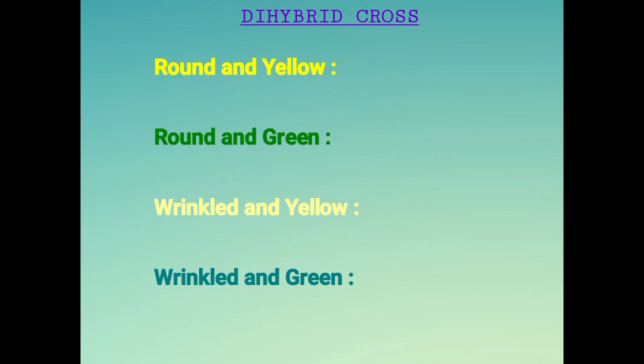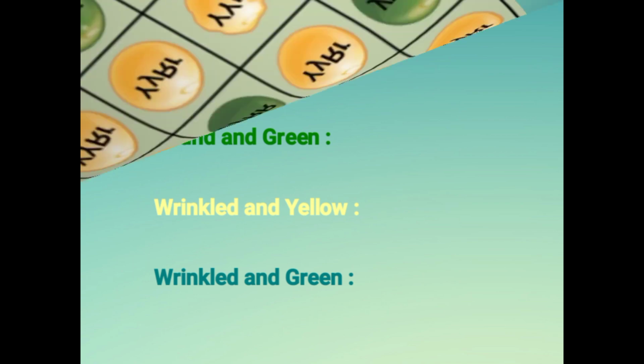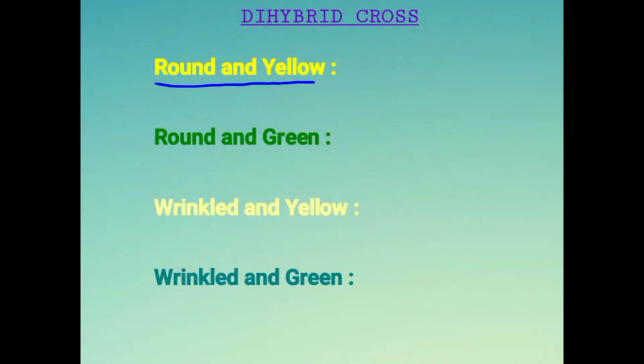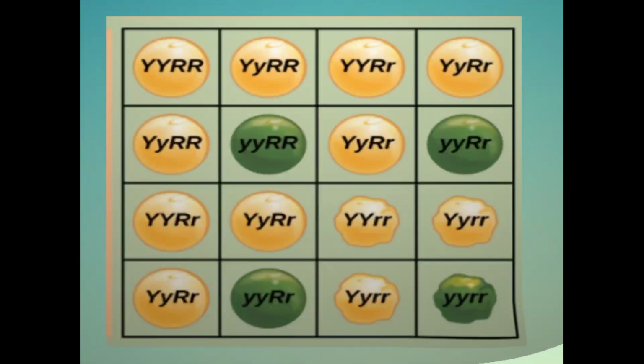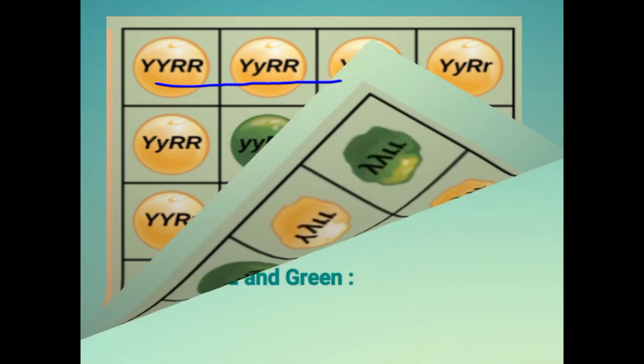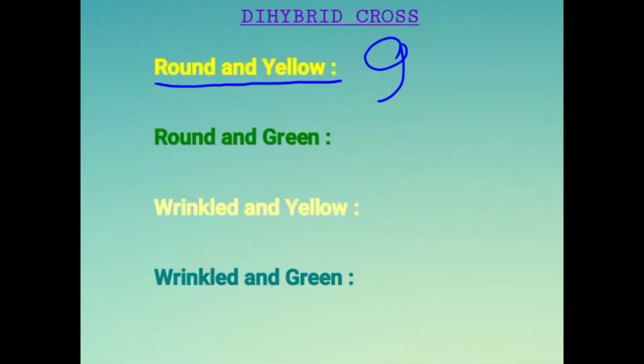Okay, now have a look. First we are going to find the round and yellow one. Round and yellow, 1 2 3 4 5 6 7 8 9, so 9 round and yellow.